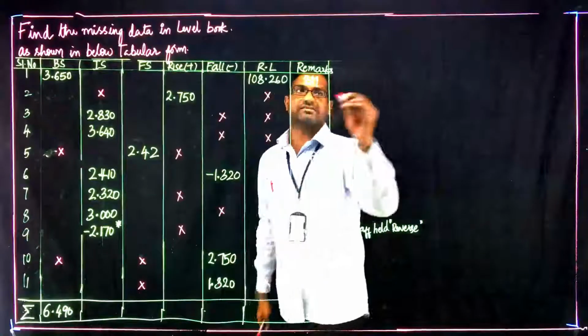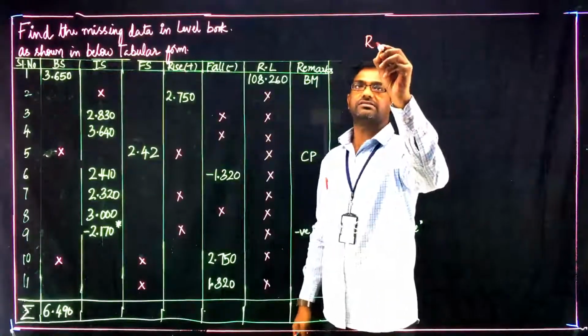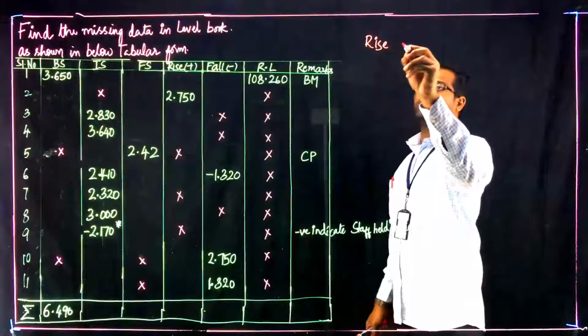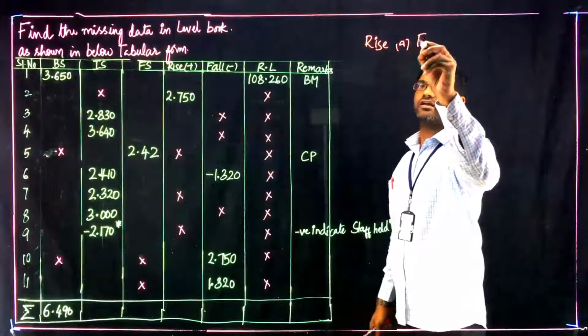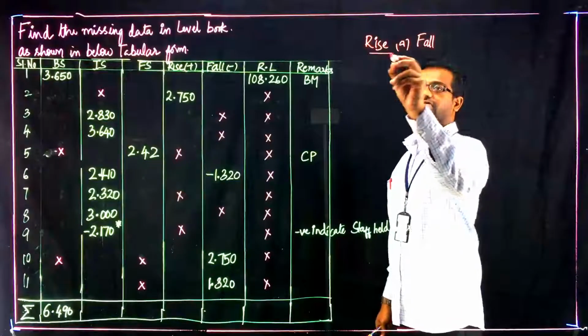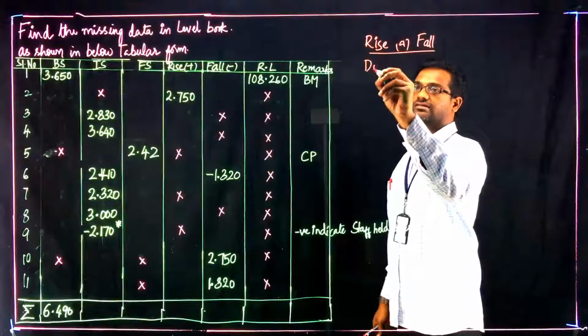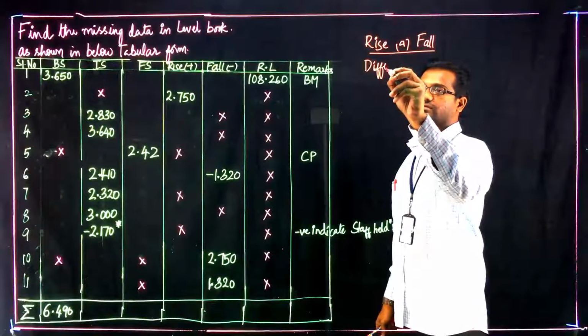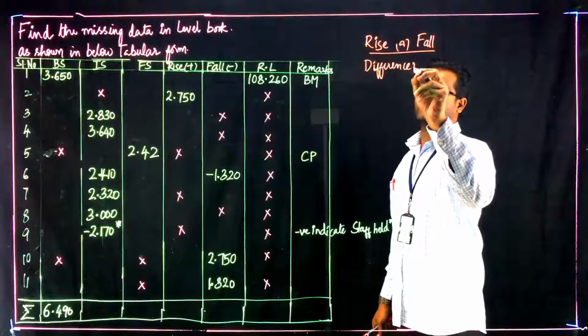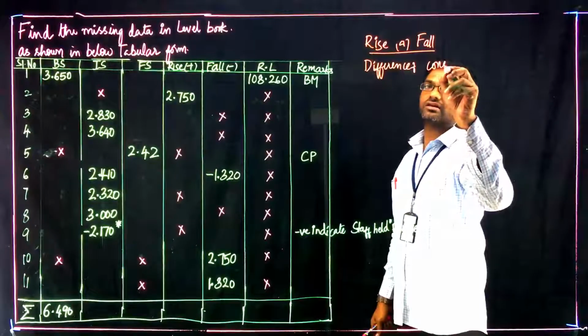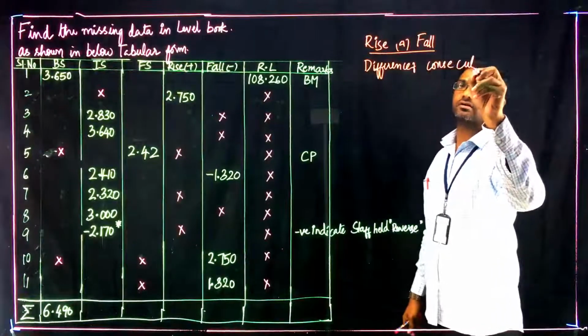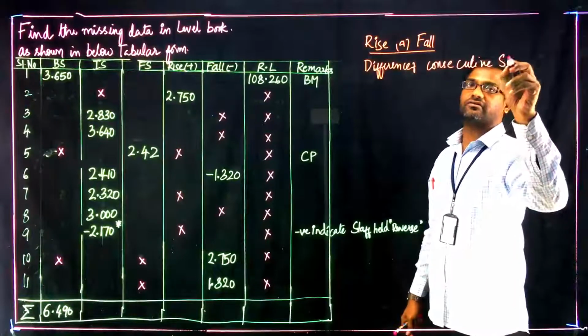So what is rise? Rise or fall is defined as the difference of two consecutive staff readings. We know this.